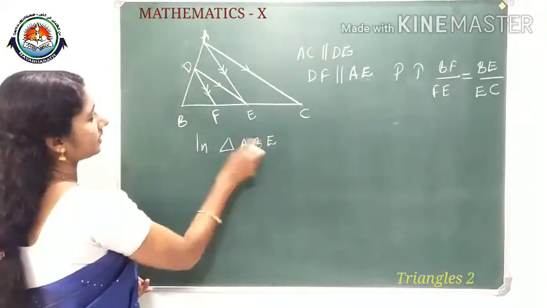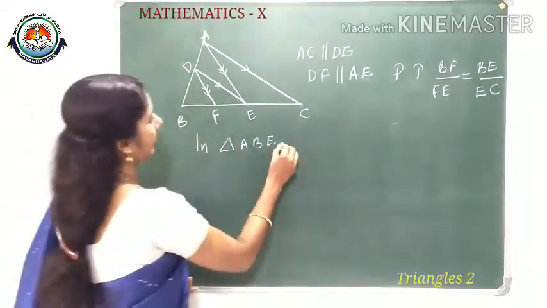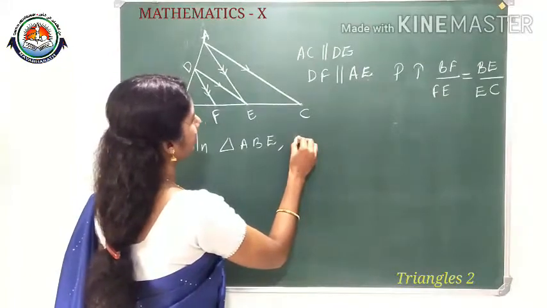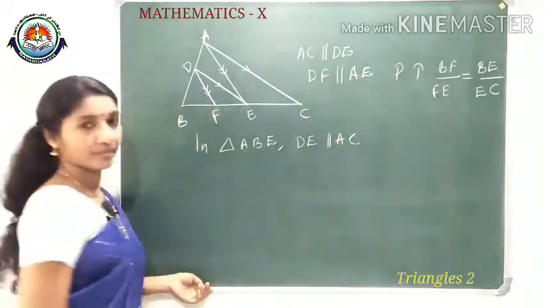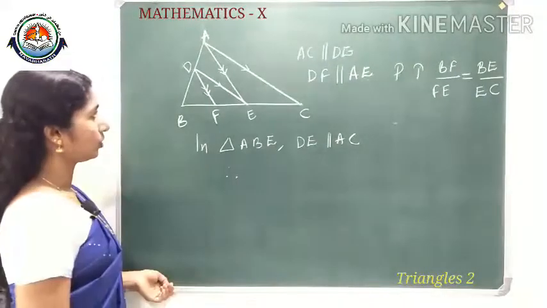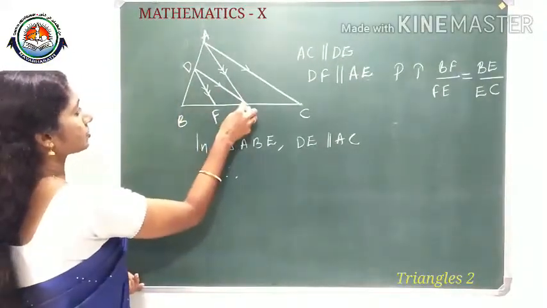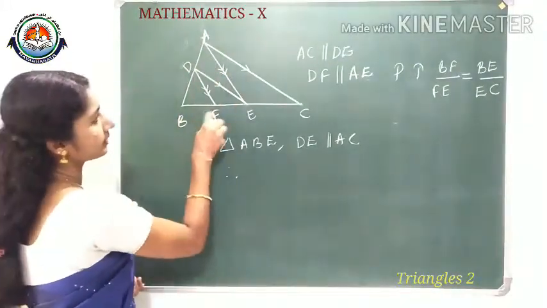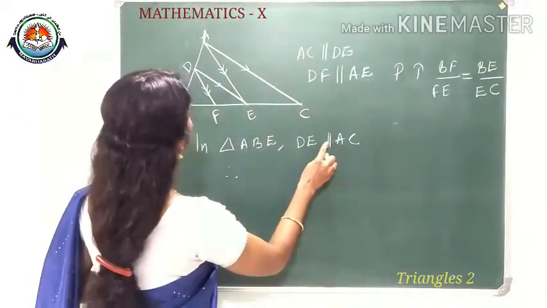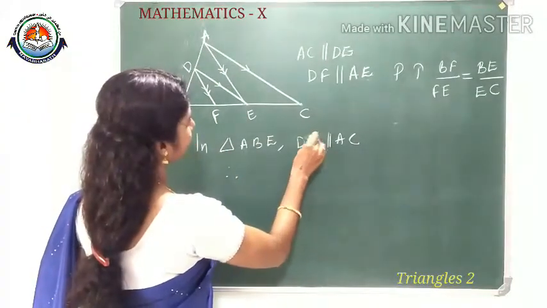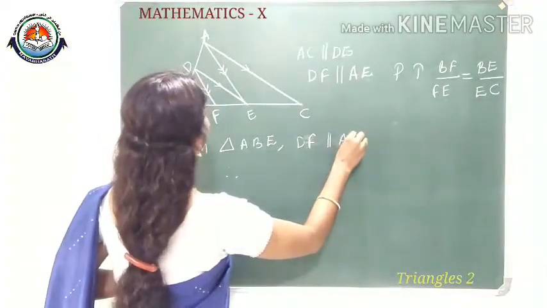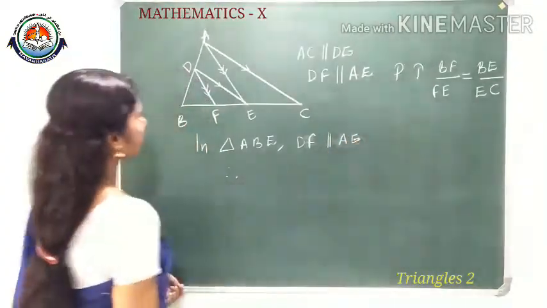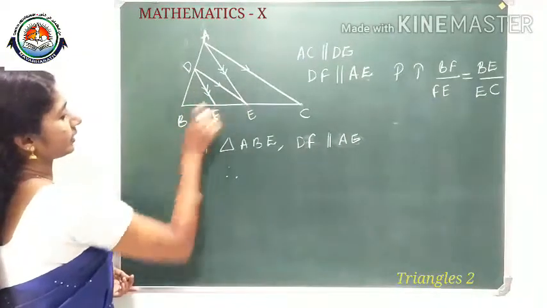So ABE we took. In triangle ABE, DF is parallel to AE.